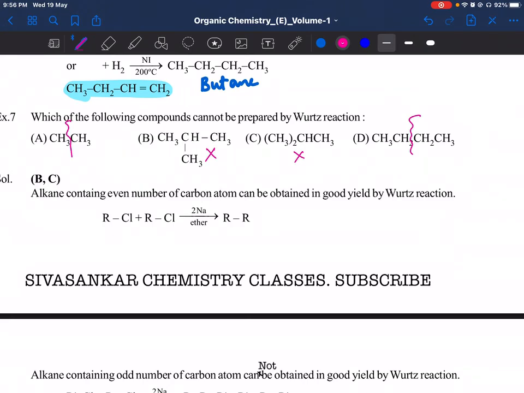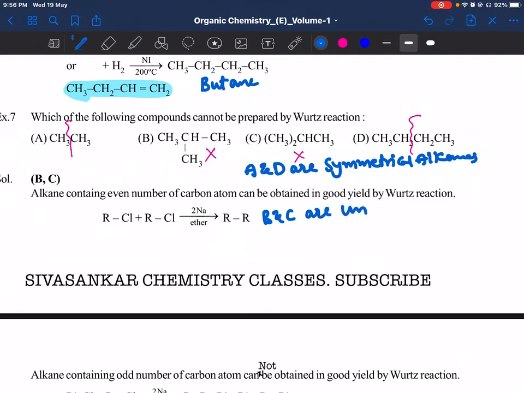Here A and D are symmetrical alkanes. These symmetrical alkanes we are able to prepare using the Wurtz reaction. But B and C are unsymmetrical alkanes.